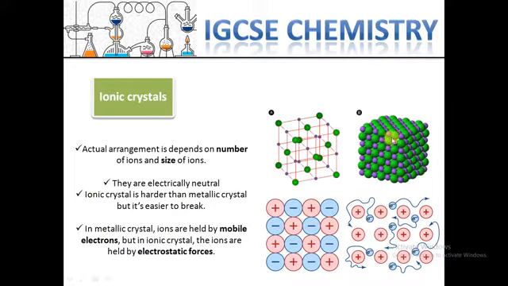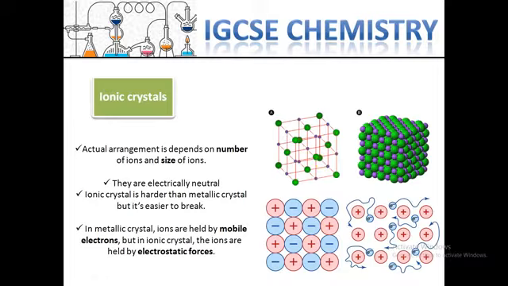No, it depends: the positive and negative ions should have almost similar size, and the number also. For example, how many negative ions a positive ion can receive, which we will talk about later with the unit cell. So the number and size are important for an ionic crystal.